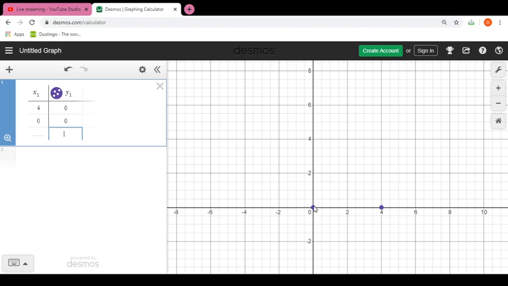So this is the third question. Here you can see that your point has to be here so that you get a right triangle. This is going to be x is 0, y is 3. So in this way you will get the triangle in your third question.